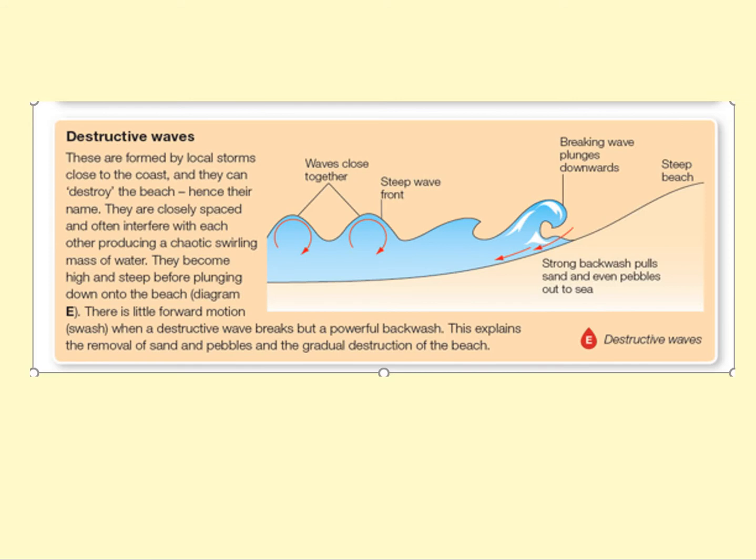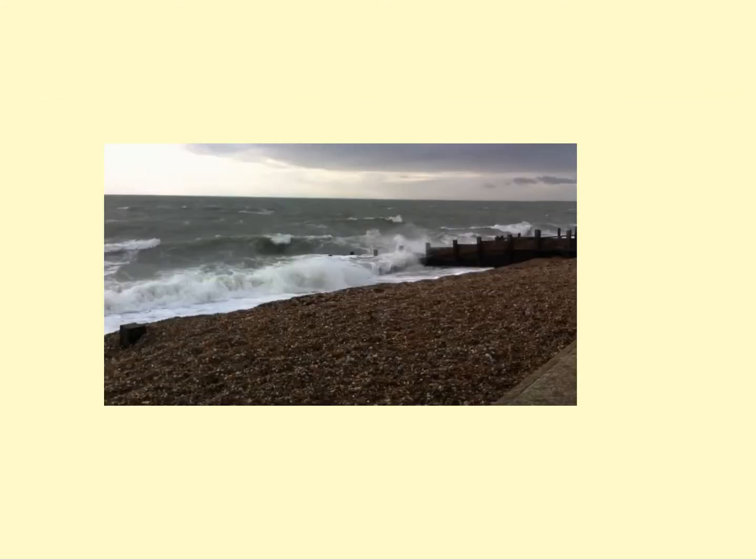And it also takes a lot of the material with it, and it leaves a very steep beach, which I'll show you an image of now, like this, with a lot of heavier, larger materials like pebbles because of that strength of the waves.